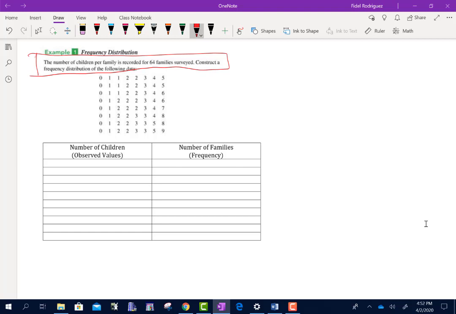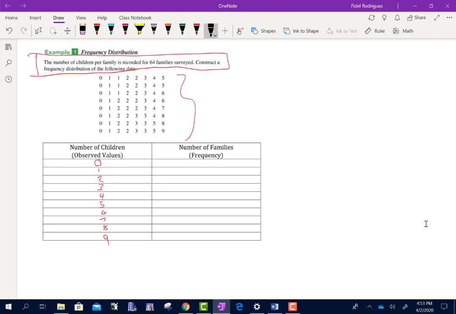Look at the numbers that we have here. The individual distinct numbers we have are 0, 1, 2, 3, 4, 5, 6, 7, 8, and 9. What we're going to do is count the number of zeros, the number of ones, and so on and so forth.